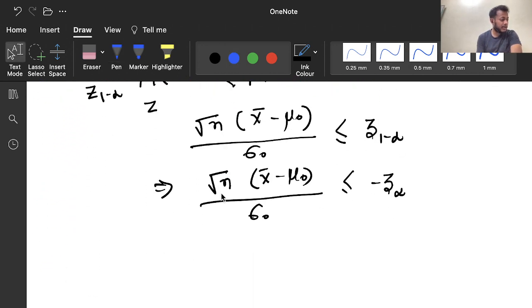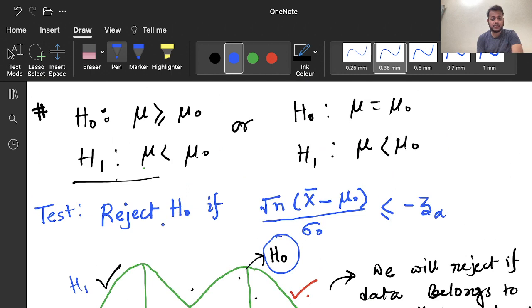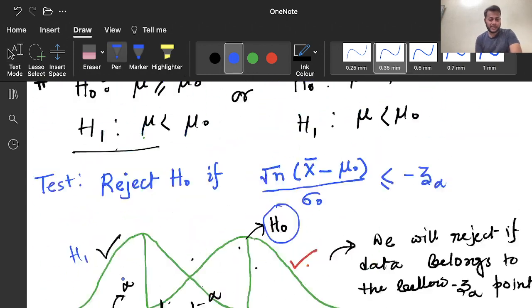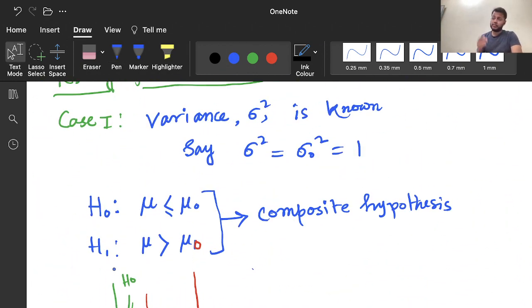Now this is the test. Now let's go to another one. This is called a one-tailed test, or you can say these two are one-sided tests, because we reject the hypothesis based on one side of the distribution.